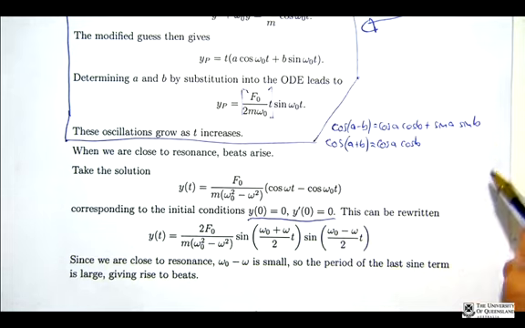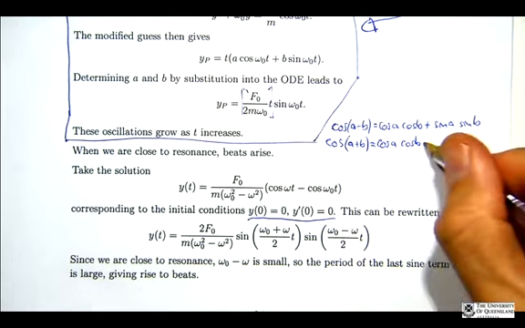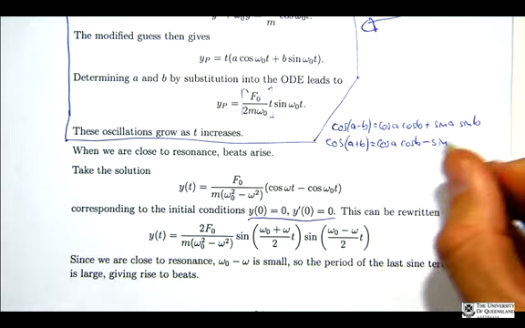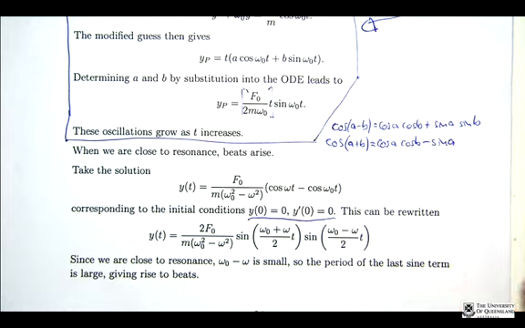But sine is an odd function, so sine of negative b is negative sine. So all we end up doing is changing that to a minus, so we subtract sin a sin b.